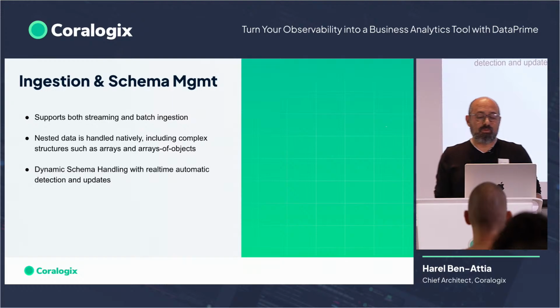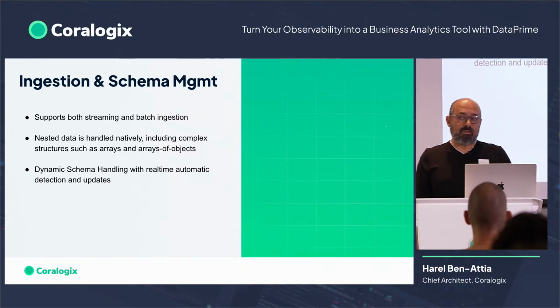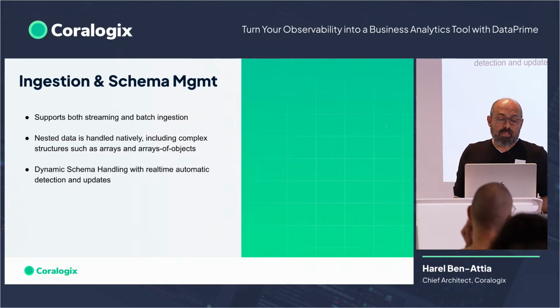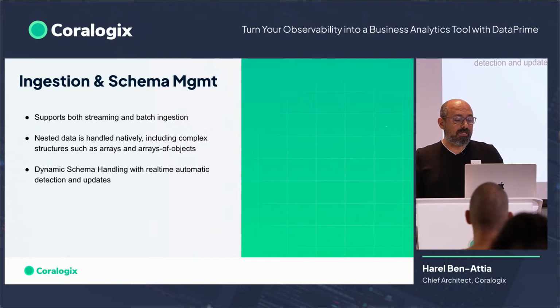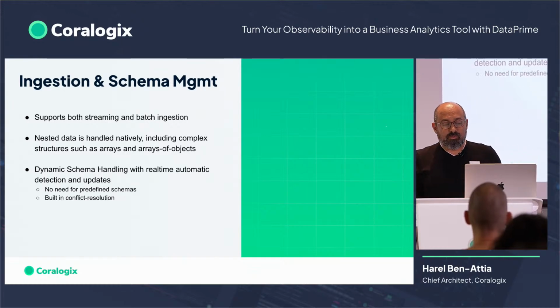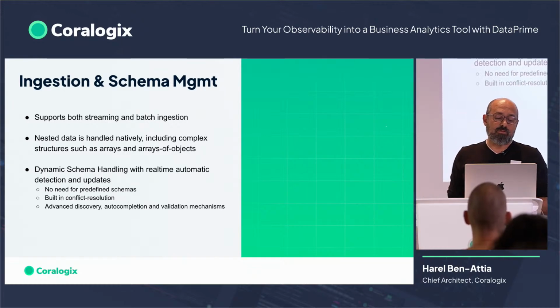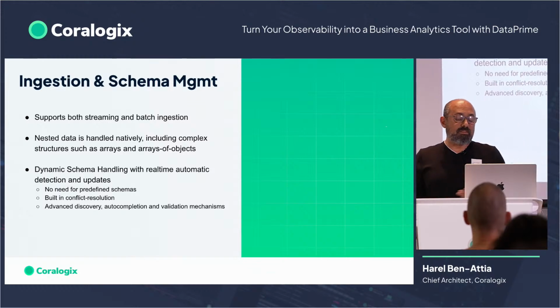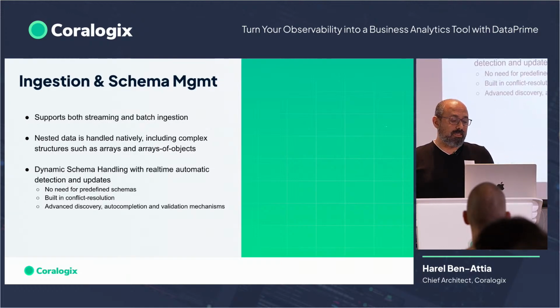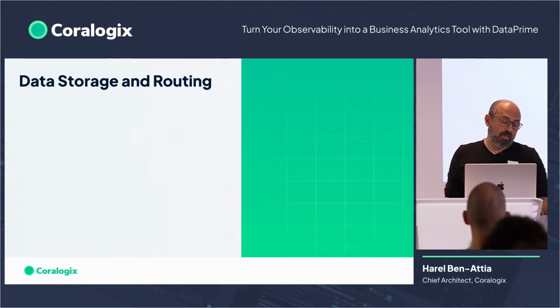I'll show an example of it at some point in this presentation. Large-scale dynamic schema handling with real-time automatic detection and updates. No need for predefined schemas, built-in conflict resolution, as we'll see, and advanced discovery, autocompletion and validation mechanisms. This is one aspect of the commoditization of analytics that I'm referring to.